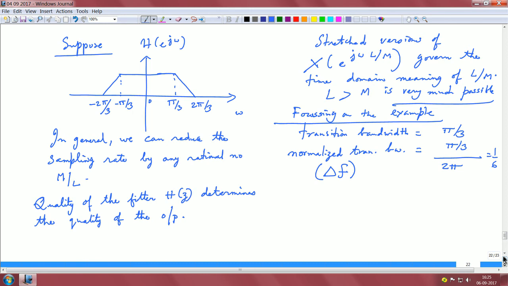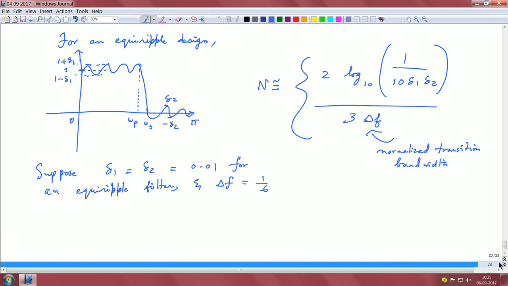This is what we ideally want. Ideally we would want it like this, but it is not possible, so we say we will tolerate some ripples in the pass band and the stop band. We have a normalized transition bandwidth of 1/6. So, you plug into this formula, and you will end up with n to be approximately 11, that is, we need an 11th order filter.